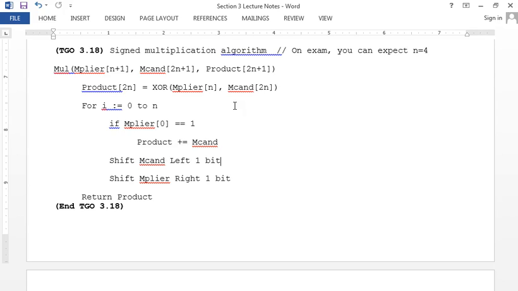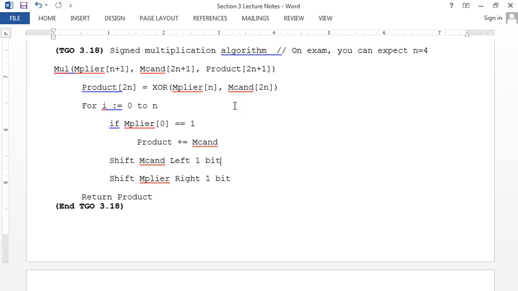But what is specifically unique about when I say 2n? What is the first element of the array listed as? 0, right? So if I have 2n plus 1, and I'm saying product 2n, which element am I talking about? Don't just say 2n. What is 2n?